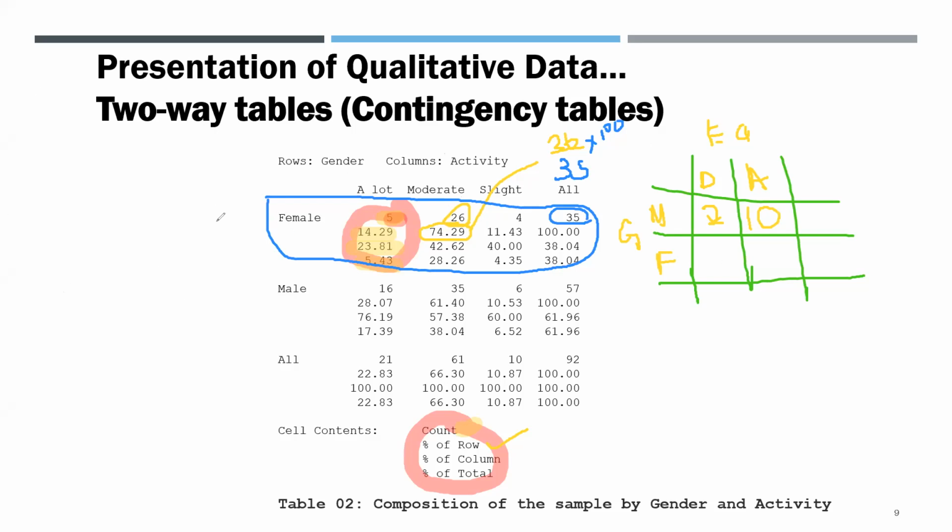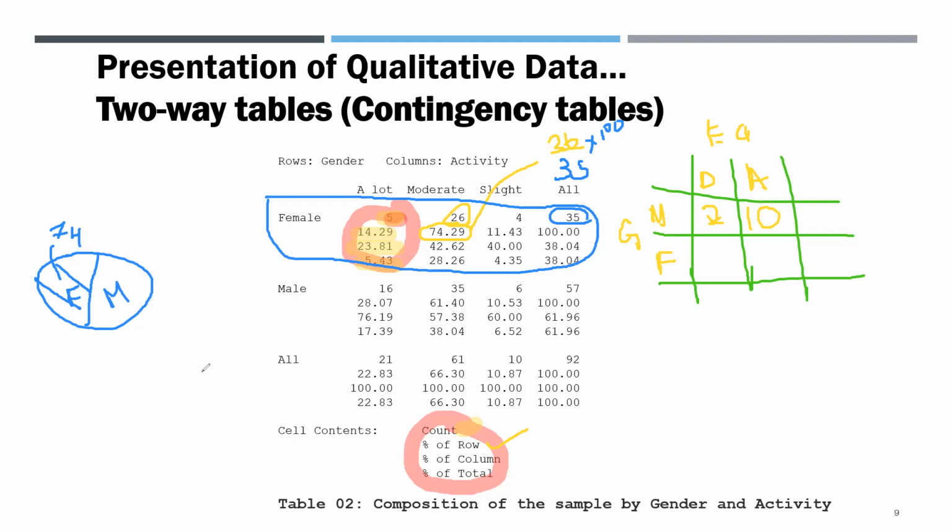Here basically what they have done is they have first divided the sample into female and male. And if the gender category is female, you can see there are nearly 74% of females with the moderate activity level.